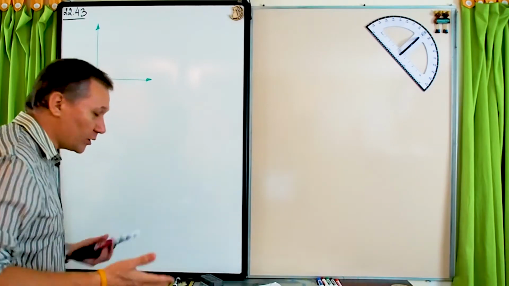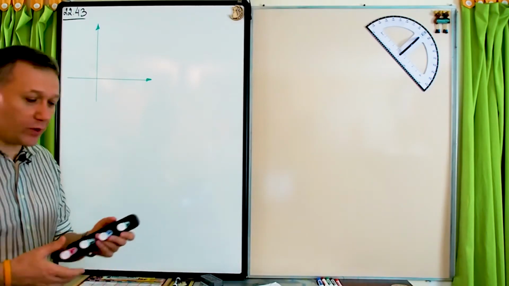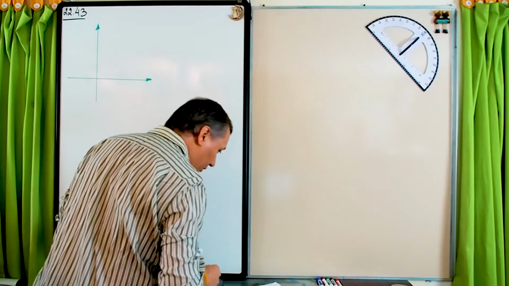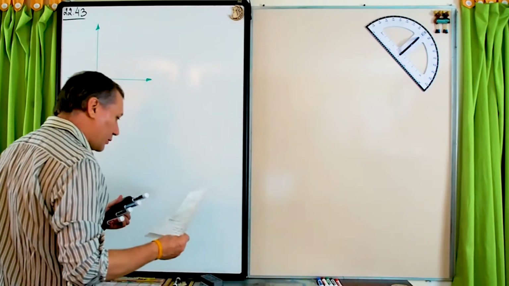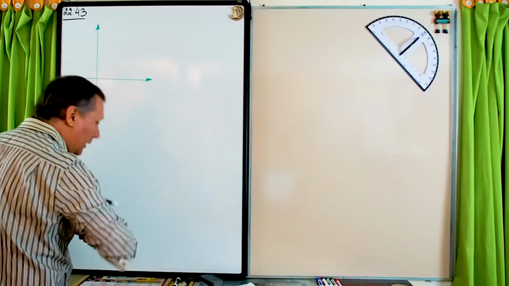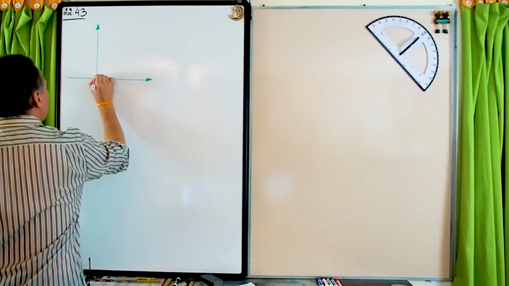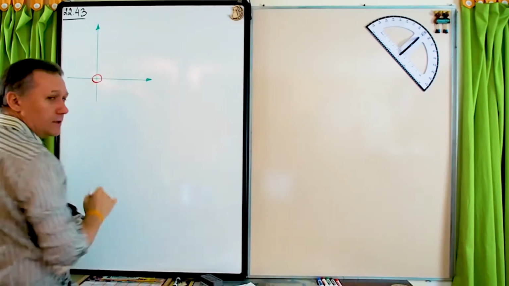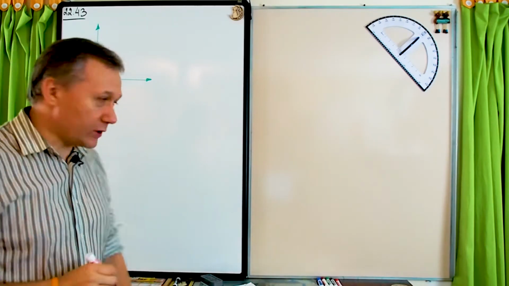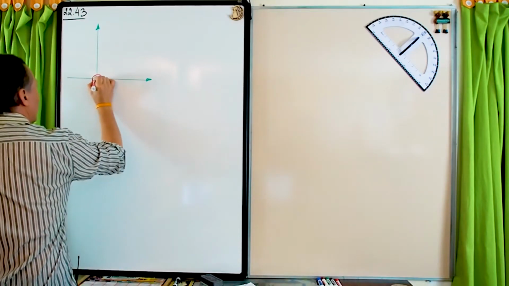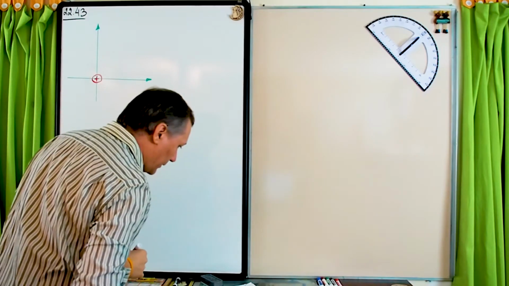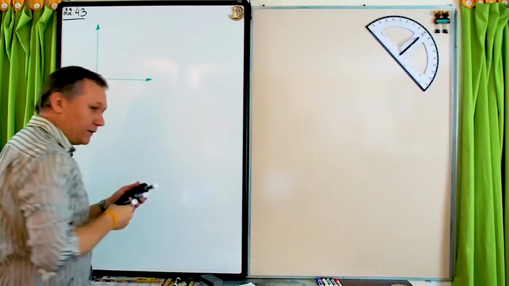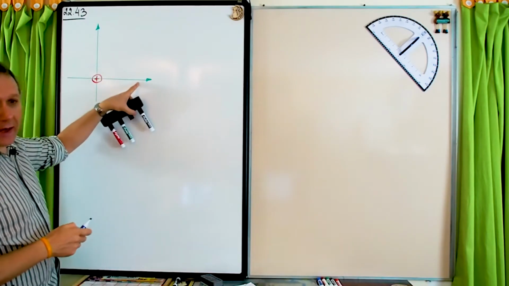Okay, so now let me draw the situation. As I said, three charges. Okay, I will grab my notes so that I can see better. The first charge is over here at the origin. It's a positive charge, plus. Then a negative charge will be on the x-axis.